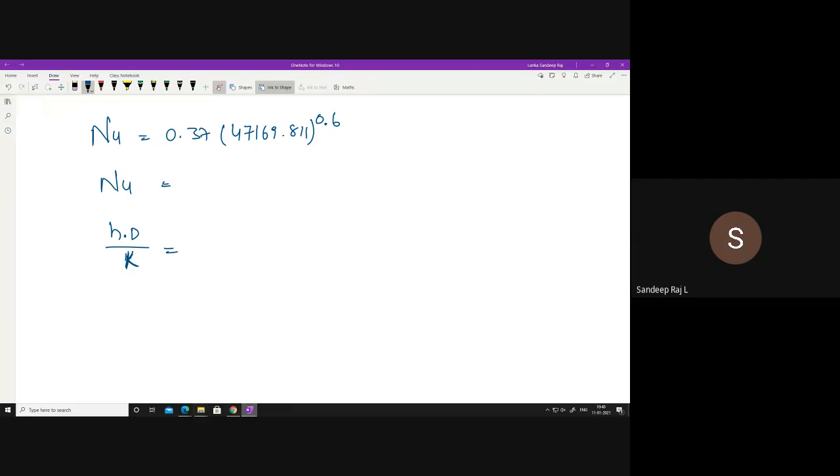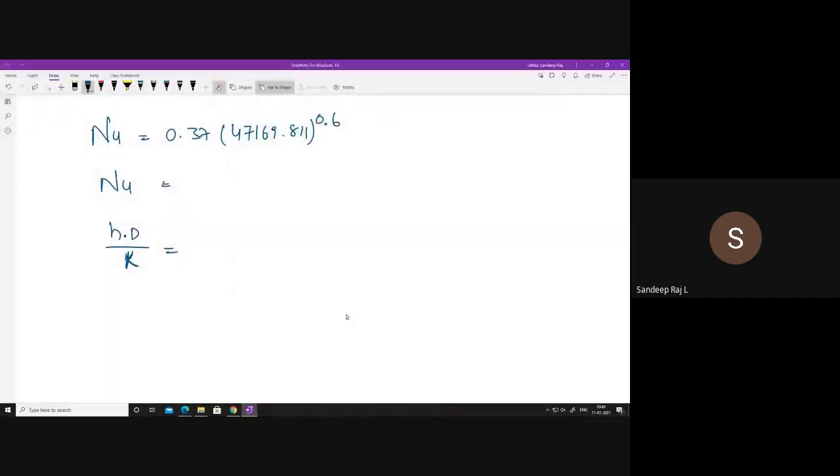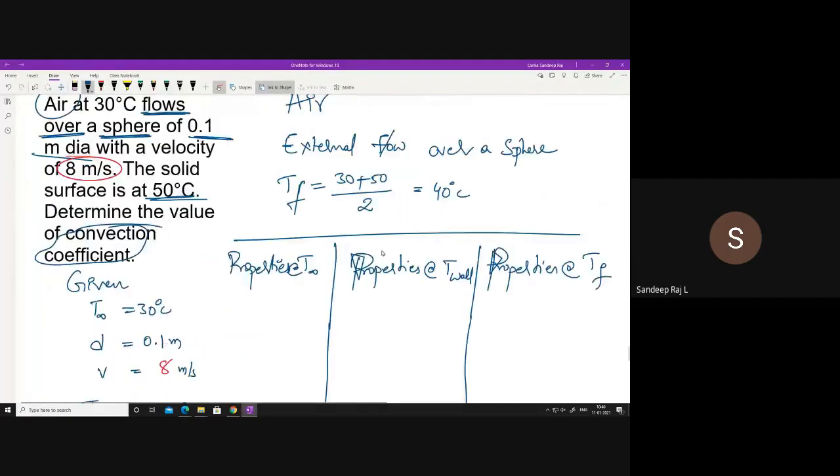The k value at 40 degrees centigrade is 0.02756 watt per meter Kelvin.